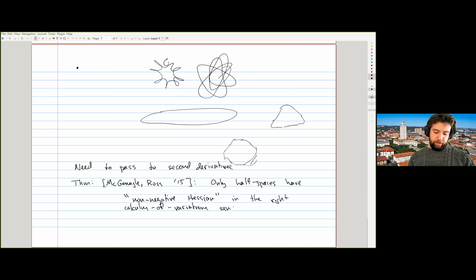So once you know this, it proves the isoperimetric inequality using these tools.